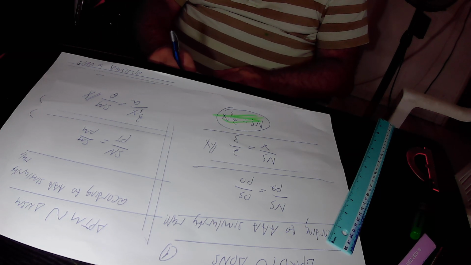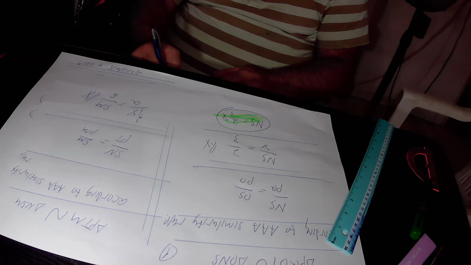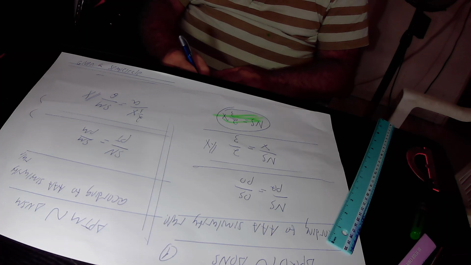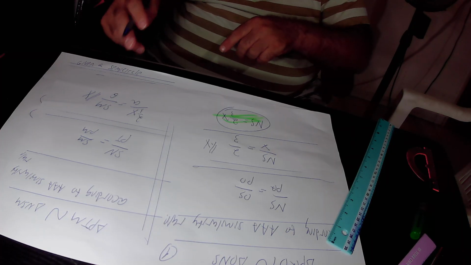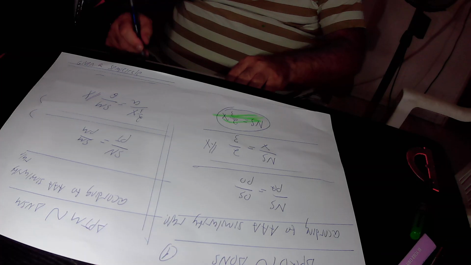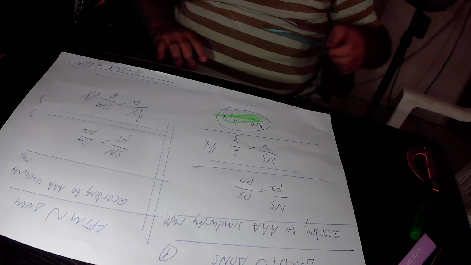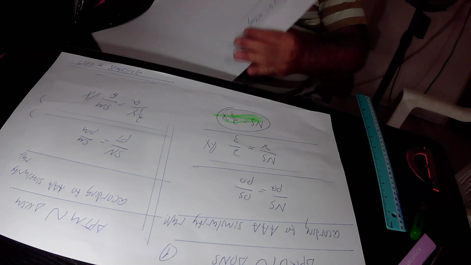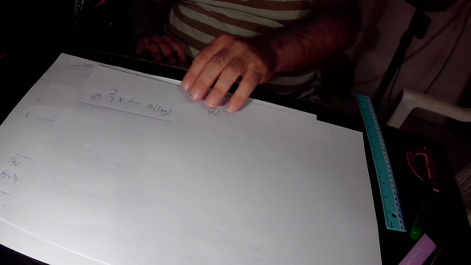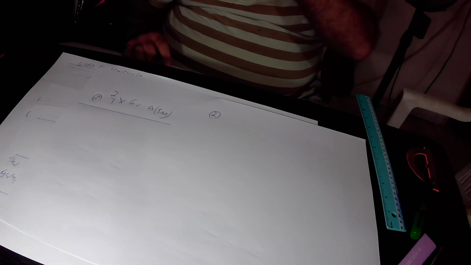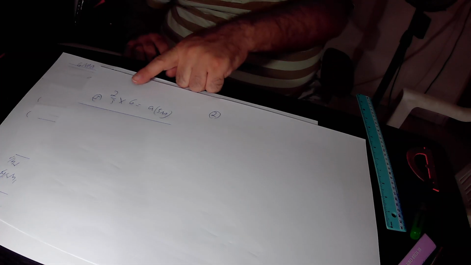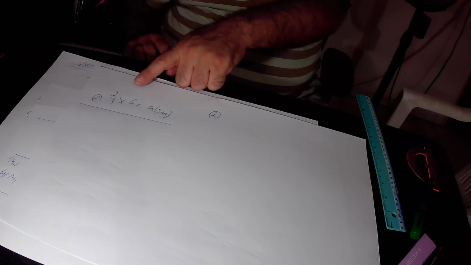After we cross multiply this equation, we get 2/3 x times 6 equals A times SM. 6/3 is 2, and 2 times 2 is 4.